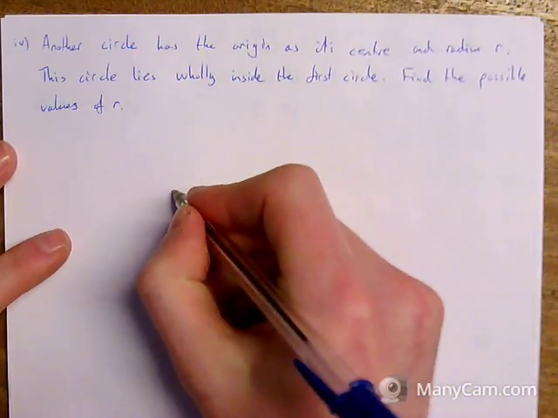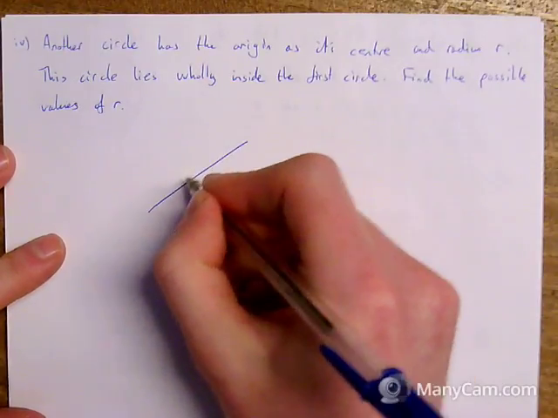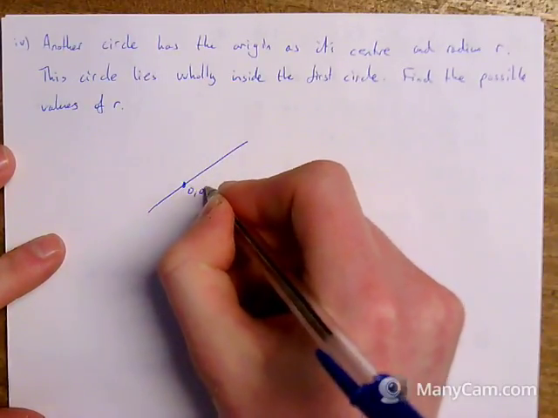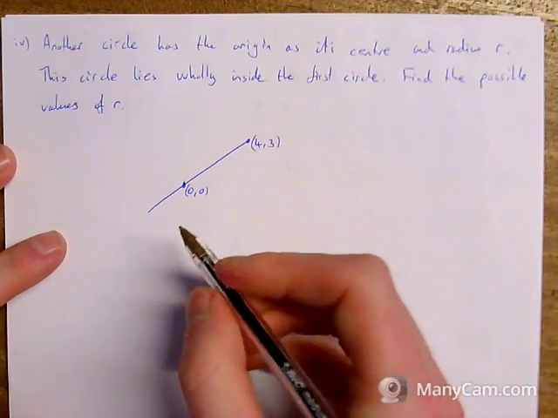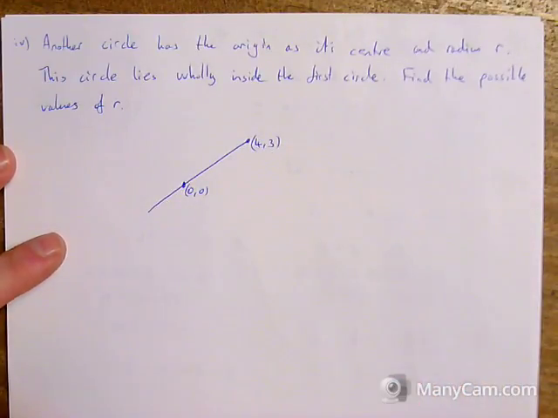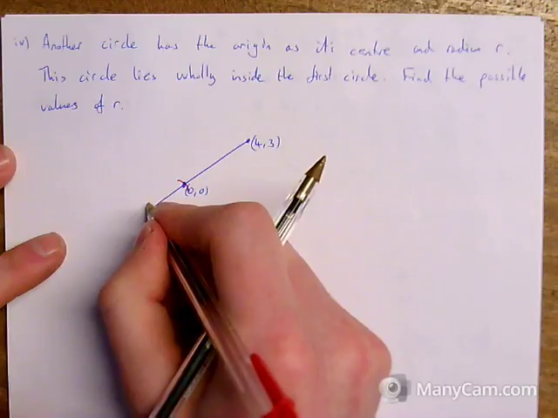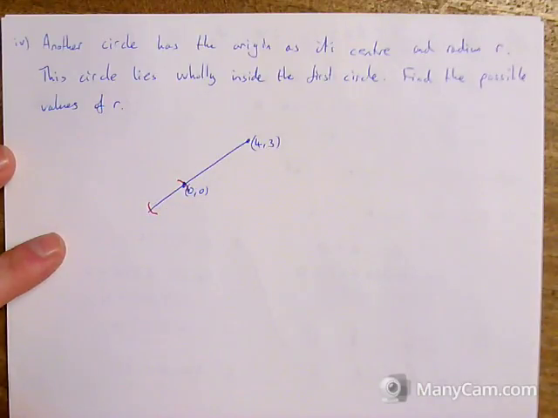So if I go ahead and do that, I'm just going to draw it again a bit separately. So we've got that 0, 0, and then that one there is 4, 3. So that's the radius of my circle. I just want to know this length here.